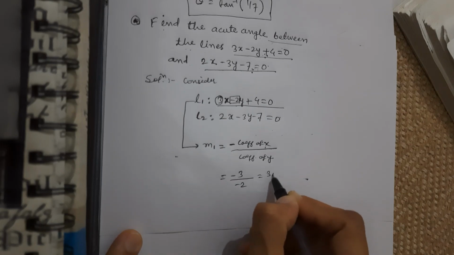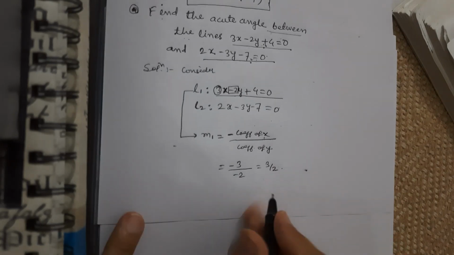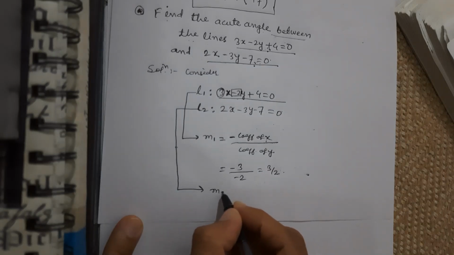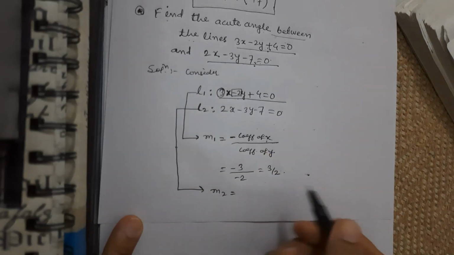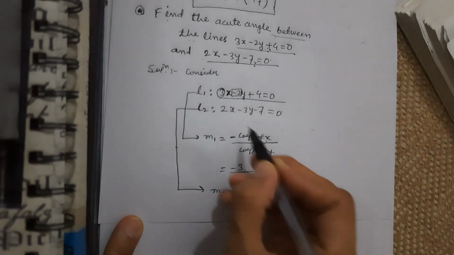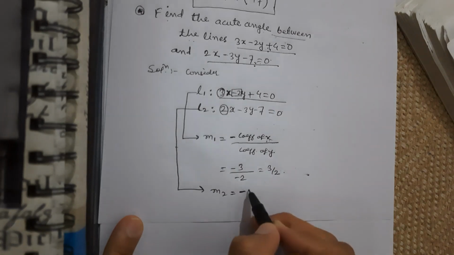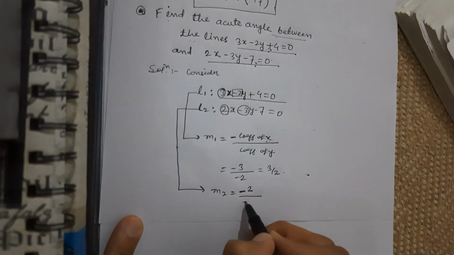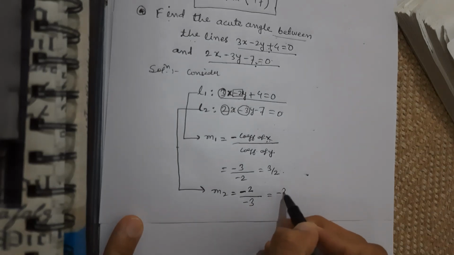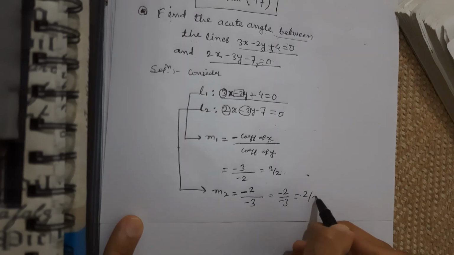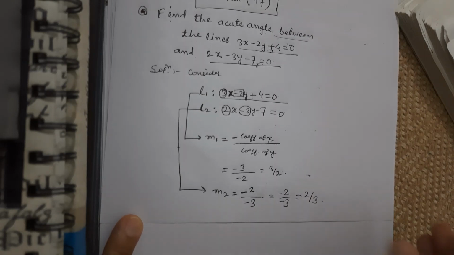So this is 3 by 2. Now what will be the slope of the second line? It is m2. It is again minus coefficient of x, which is 2 here, upon coefficient of y, which is minus 3. So it is minus 2 by minus 3. The minus signs cancel. 2 by 3. Alright.